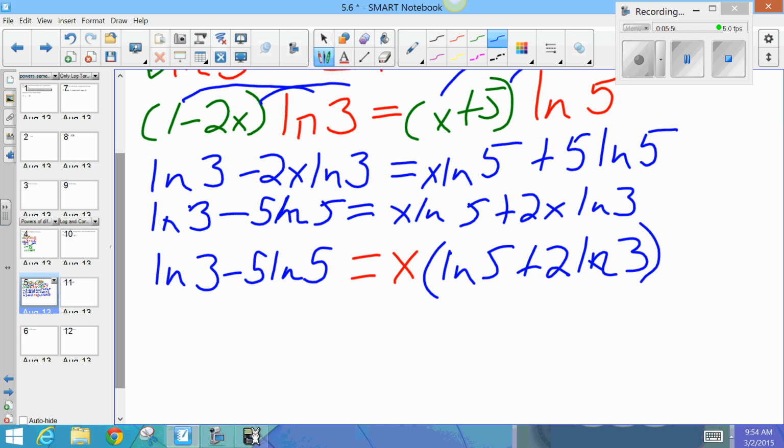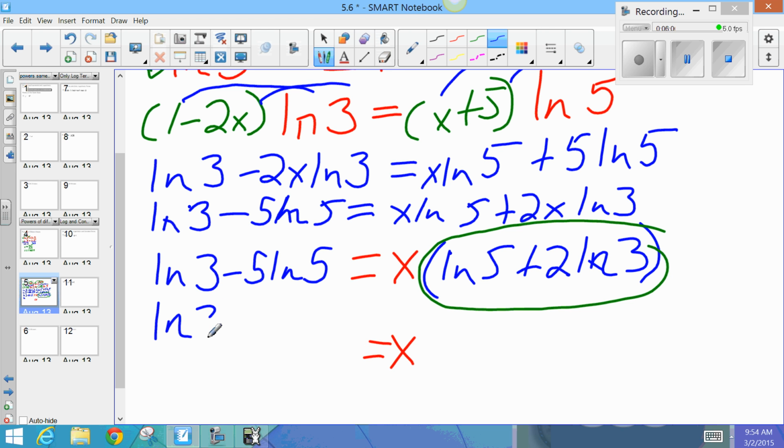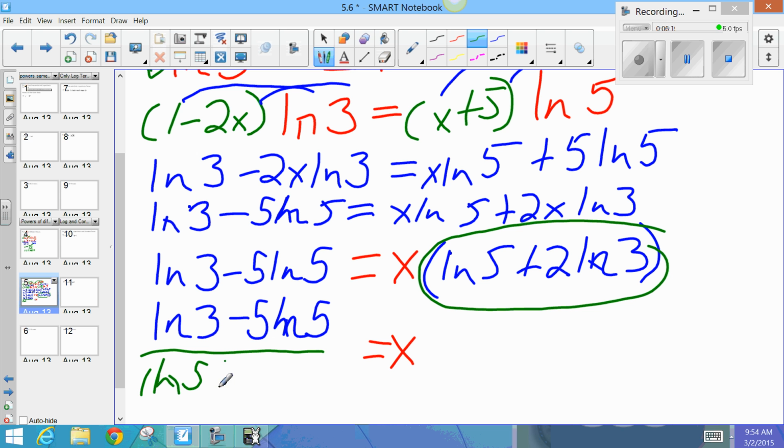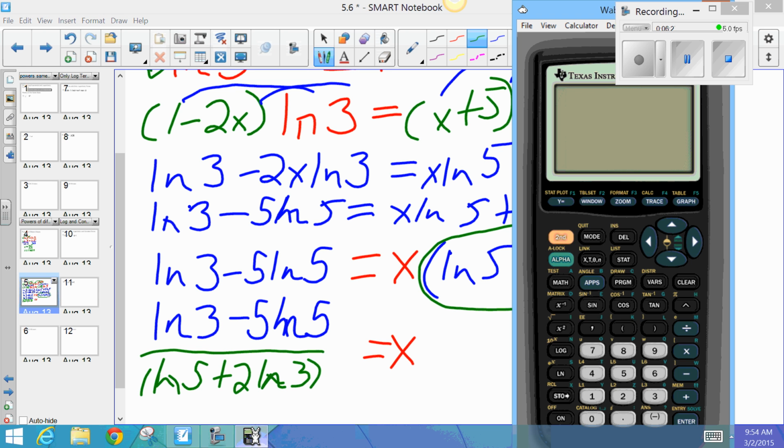I'm just going to divide both sides by this to get x all by itself. So I've got x equals the natural log of 3 minus 5 natural log of 5 over natural log of 5 plus 2 natural log of 3. And at that point, I'm just going to plug it into the calculator.